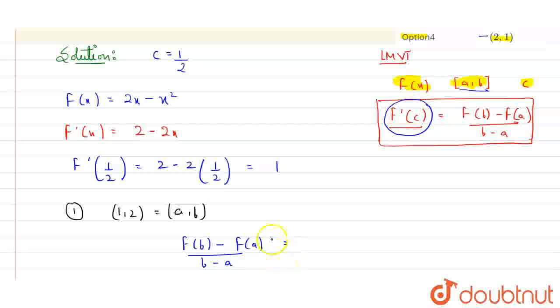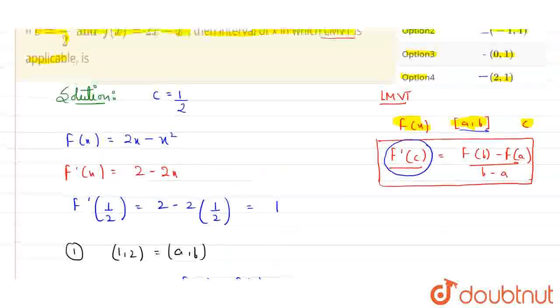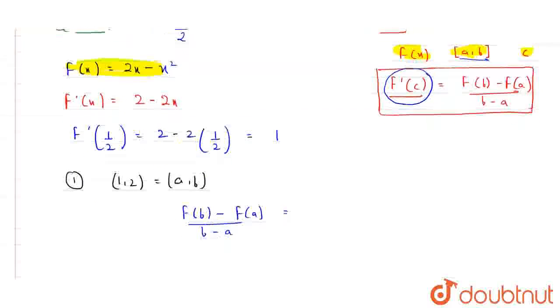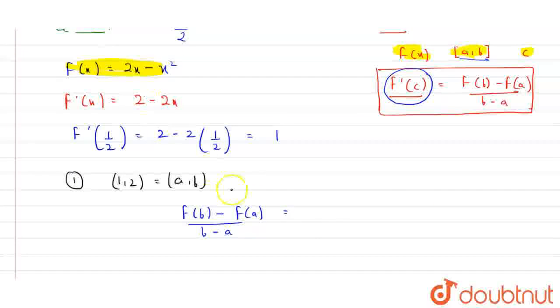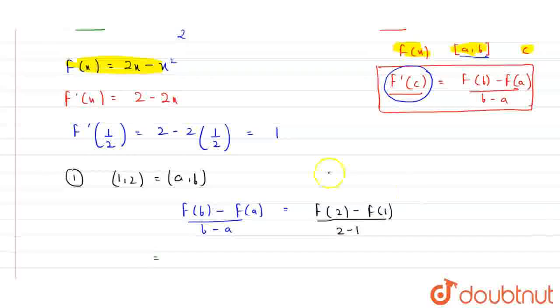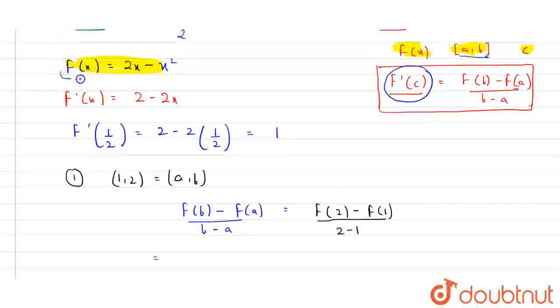We have the function given to us in the question. Let me just substitute the values of a and b. So f of 2 minus f of 1, upon 2 minus 1. Now f of 2 will be equal to, just put 2 in place of x in the given function.